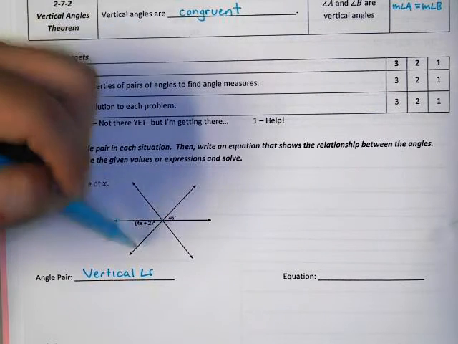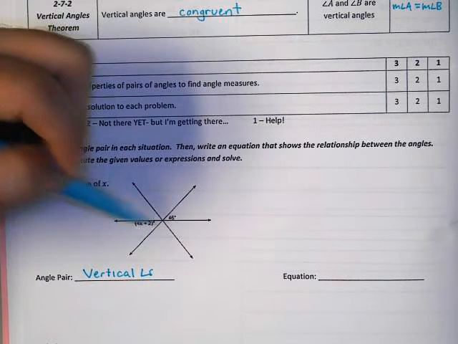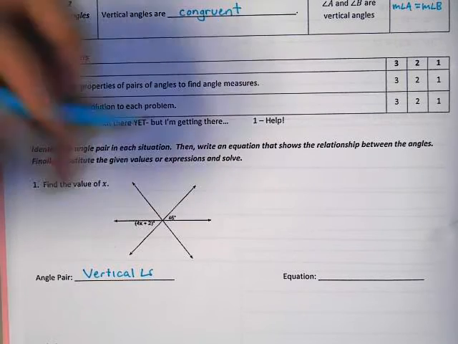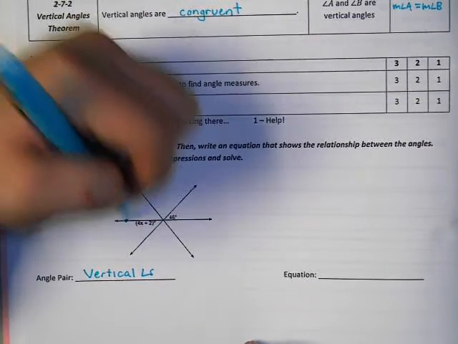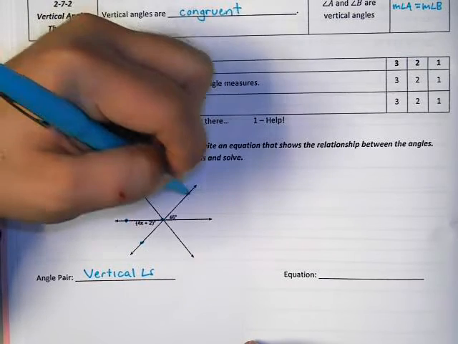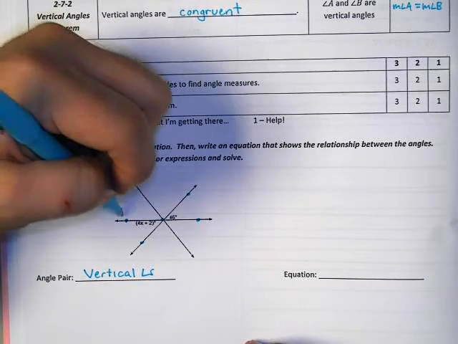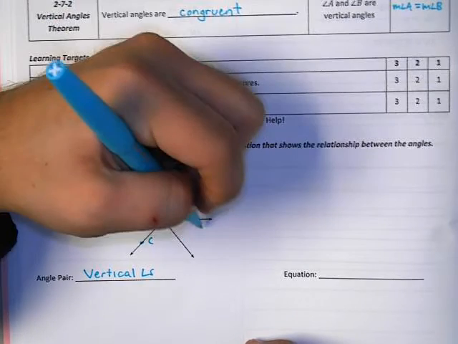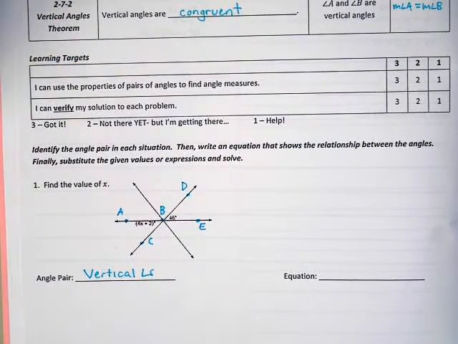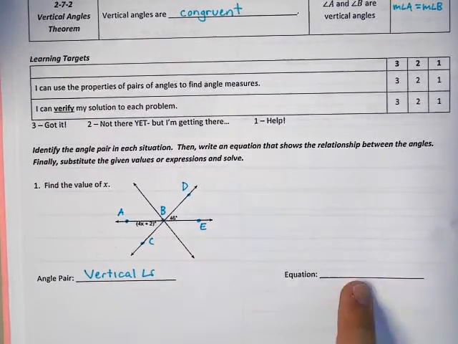Now, we don't have letters here. So on this one, I'm going to show you, you can always add in some points to help you out. I can call this A, B, C, and I could call this D and E. And that might help you write your equation.